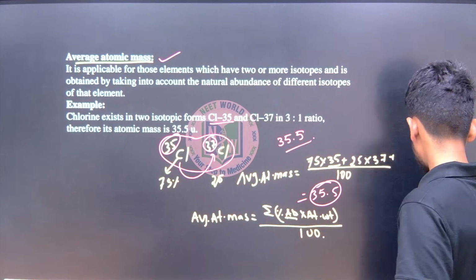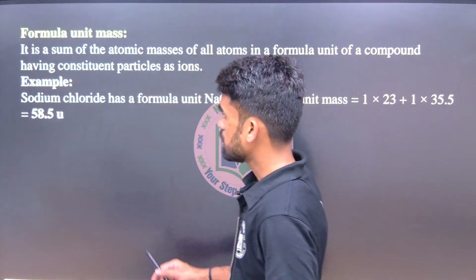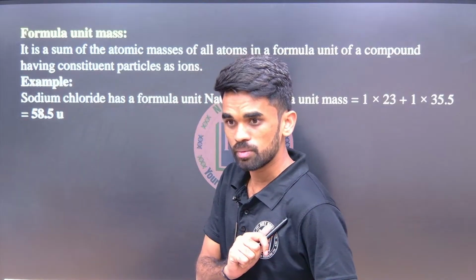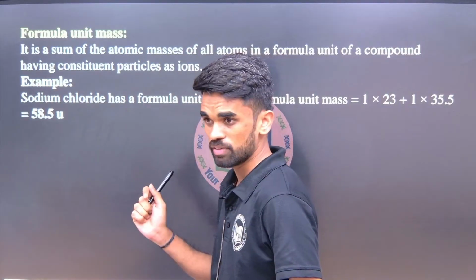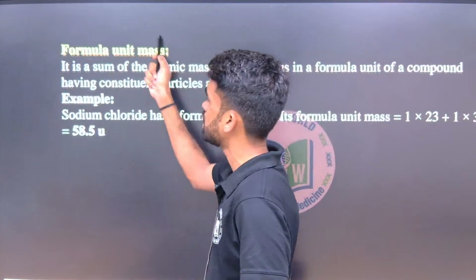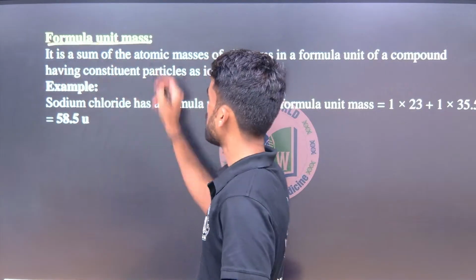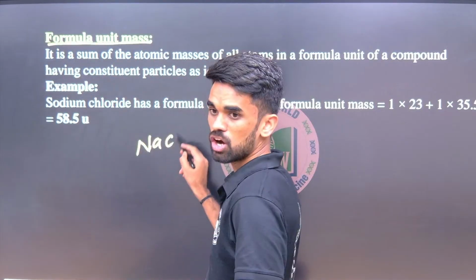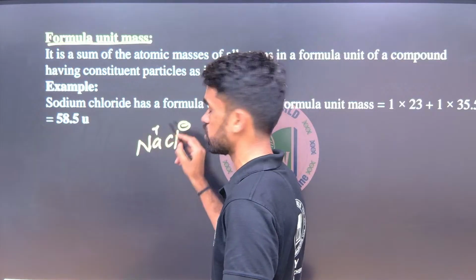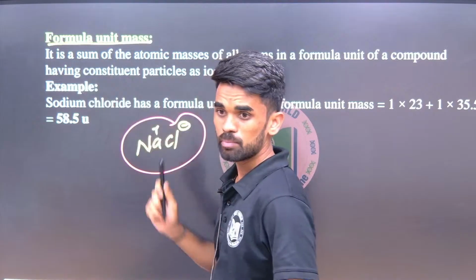Next thing is formula mass unit. Whatever you did for molecular mass unit, I mean molecular weight, same thing here also. But we use this term formula mass unit when it is an ionic compound, like NaCl. It is an ionic compound, Na plus Cl minus. So for this the term is formula mass unit.